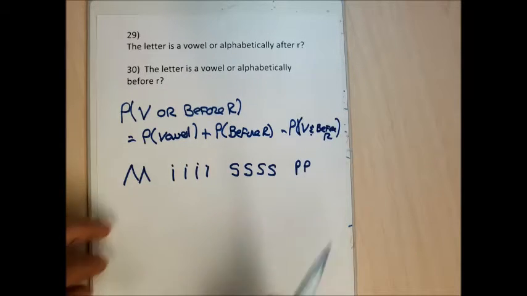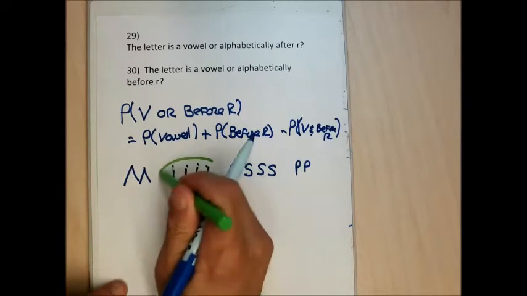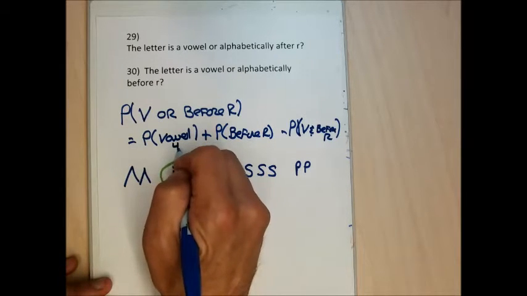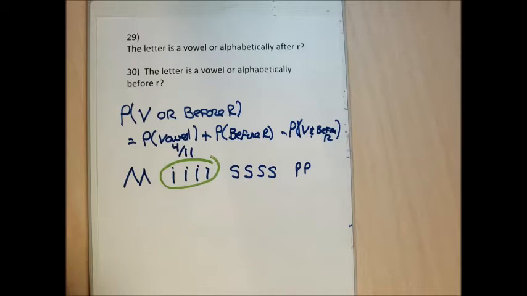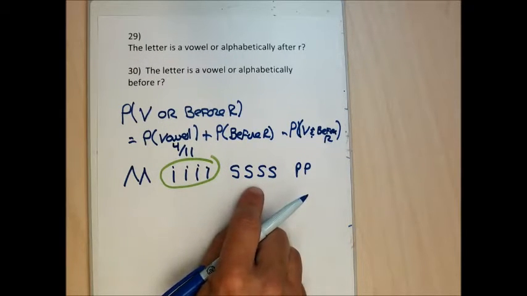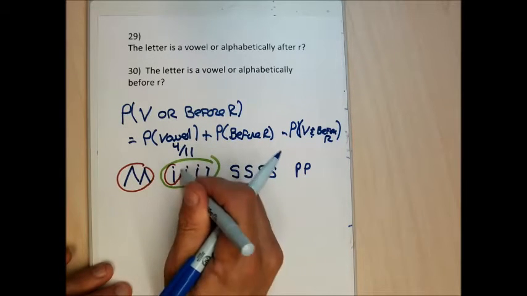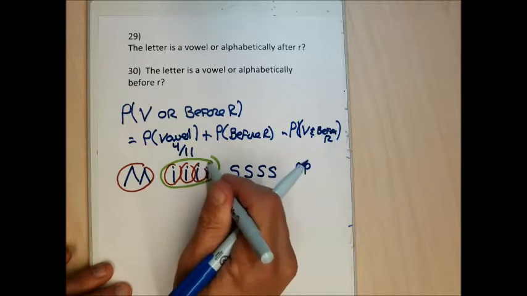R. So for a vowel, I is the only vowel. So this fraction is going to have a 4 in the numerator out of the 11. Before R, S is after R. For the before R's, M is alphabetically before R's. Each of the I's is before R alphabetically.